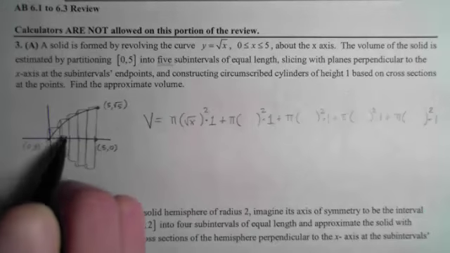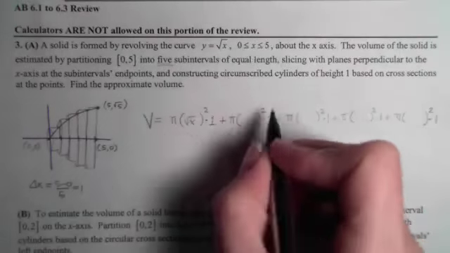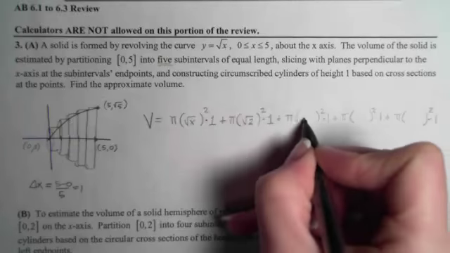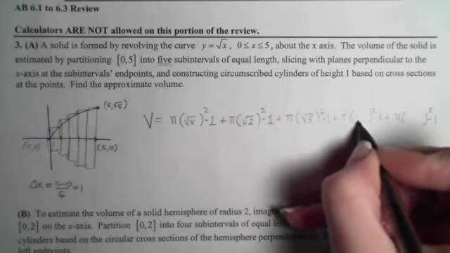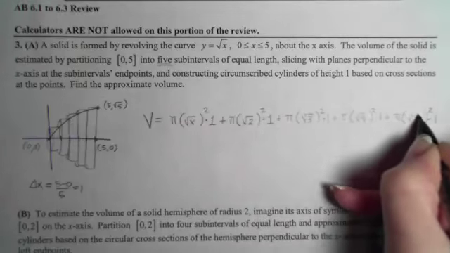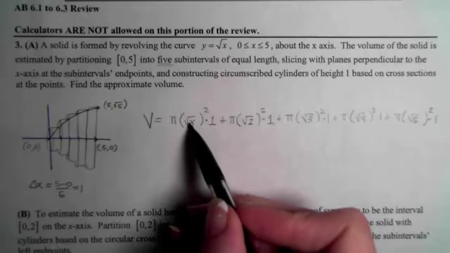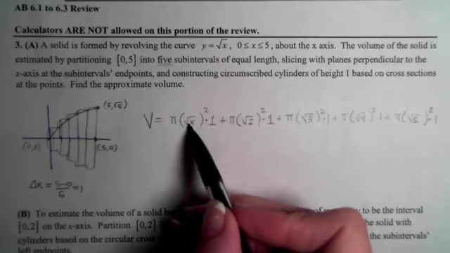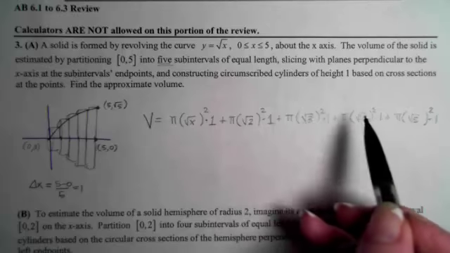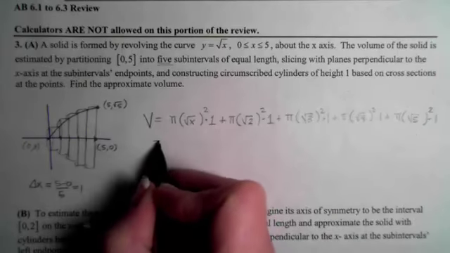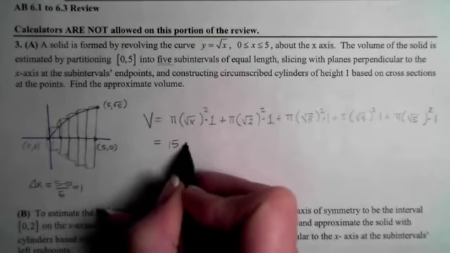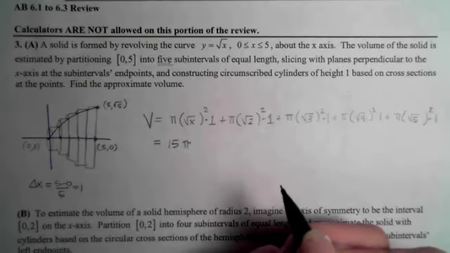The second is a 2, so I get root 2. Same with root 3, root 4, and root 5. We could leave it like that, or multiply it out and see that when we square the square root, the roots go away. So I'll have 1 plus 2 plus 3 plus 4 plus 5, which gives me 15 pi's.